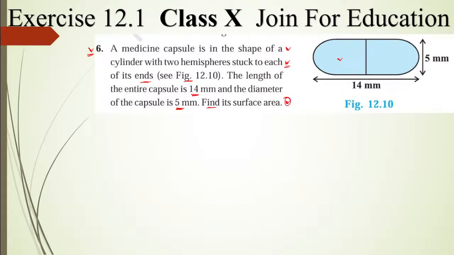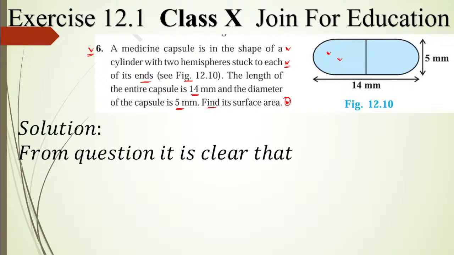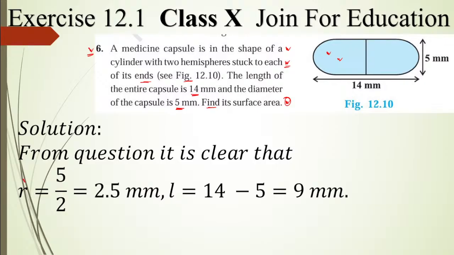To understand and solve the question easily, let's draw a relevant figure, or the figure is already given here. So let's consider the figure. So from the question, it is clear that r, or radius of the cylindrical portion as well as the hemispherical portion, which is generally denoted by r, equal to, from the figure it is clear that 5 by 2.